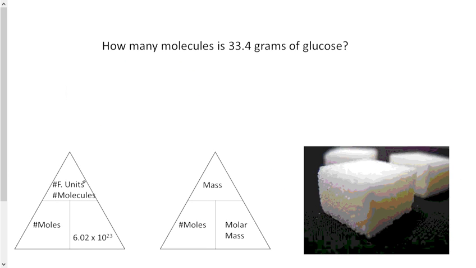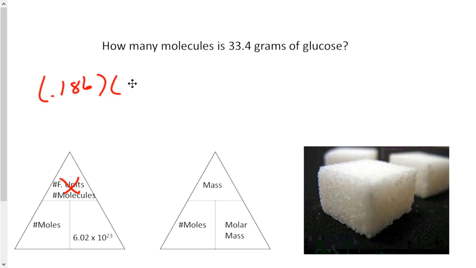So right now we've got molecules that we want to find, so I'm going to X this one here. And it says to take the moles multiplied by the 6.02 times 10 to the 23rd. So that's 0.186 moles that we solved for before. I'll multiply that by the 6.02. And that gives us 1.12. And we'll add times 10 to the 23rd to that. And that's going to be molecules.